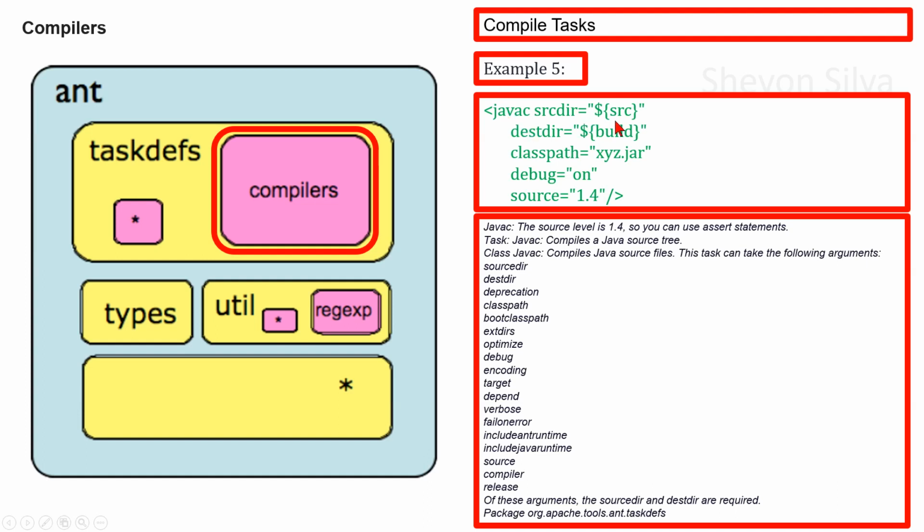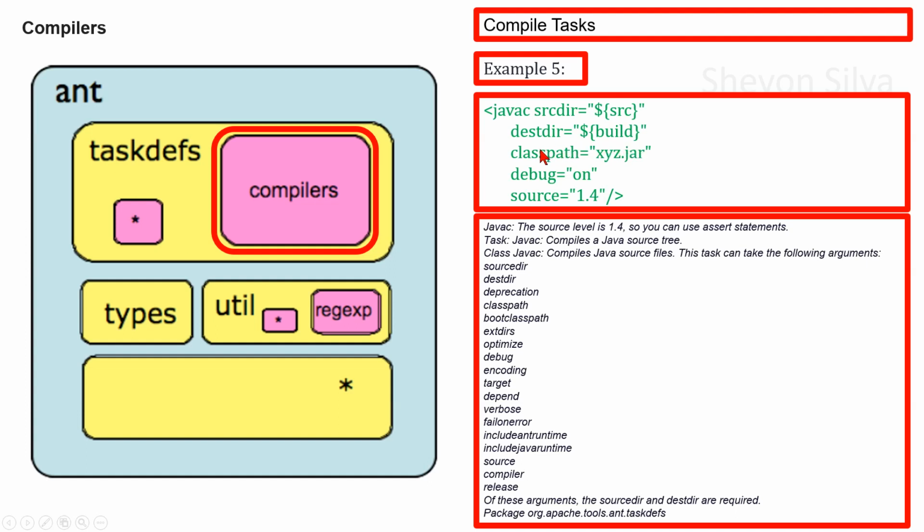Here, compile all .java files under the src directory and store the .class files in the dest dir, the ${build} directory.